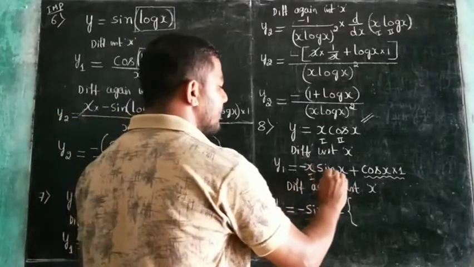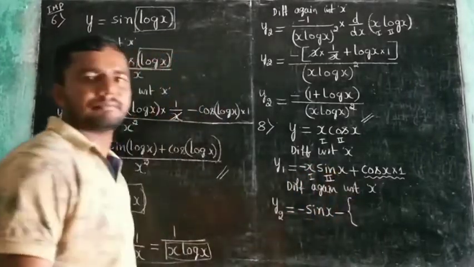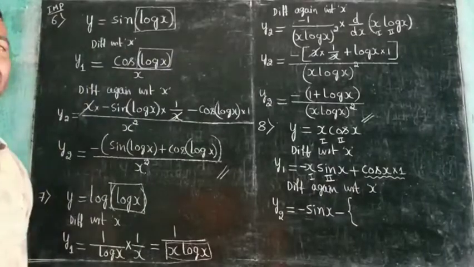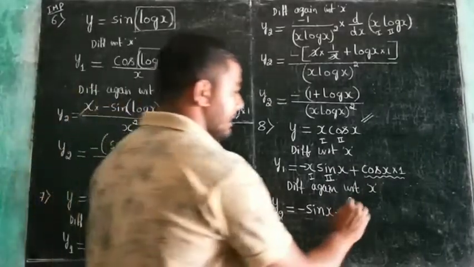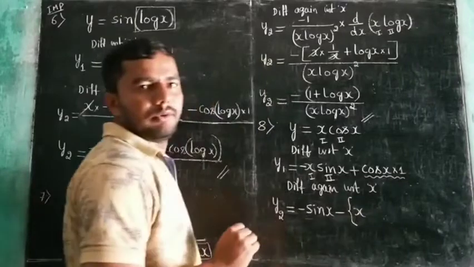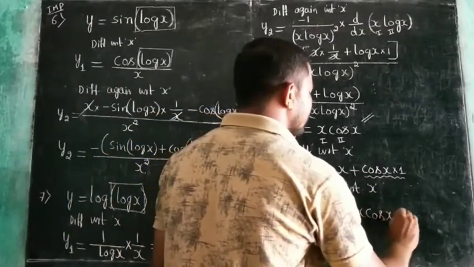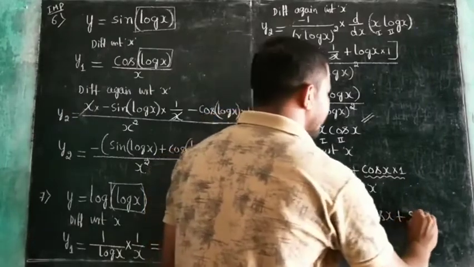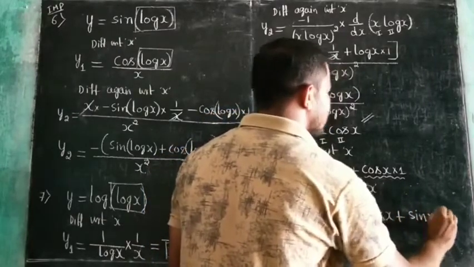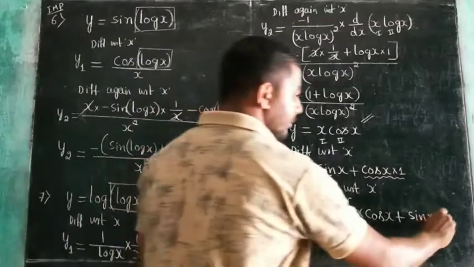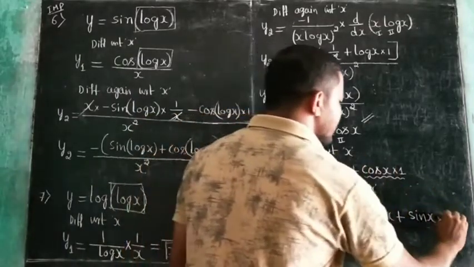Here x is a first function, sin x is a second function. So apply the product rule. x into the derivative of sin x is cos x, plus take second function as it is, sin x, into the derivative of x is 1.